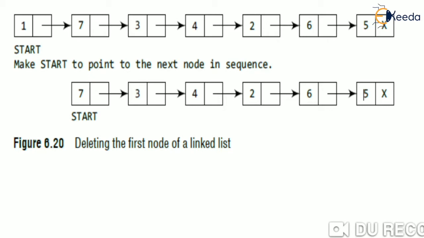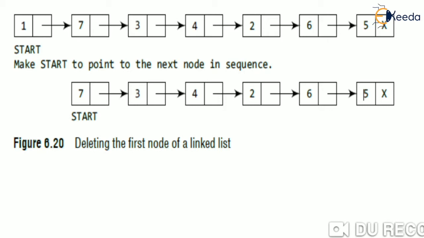Start pointing to the next element address means automatically the start pointer which points to the first node is moved to the next node. So here start, which points to the first node, that is 1, is moved automatically to the second node containing 7, and now it points to the next node.